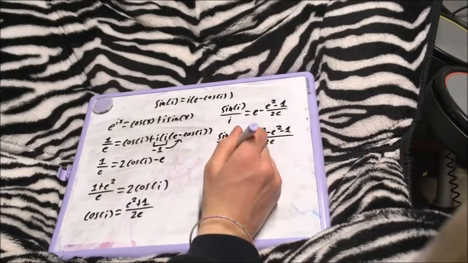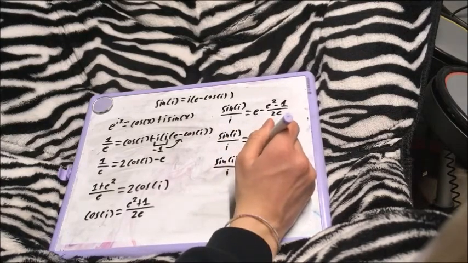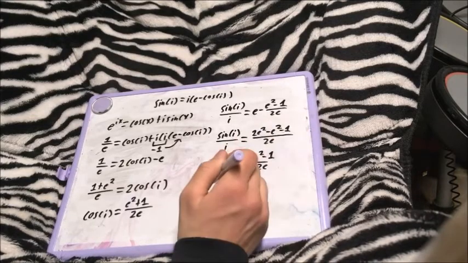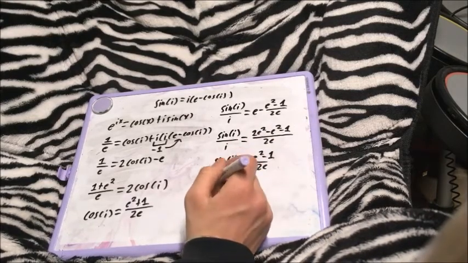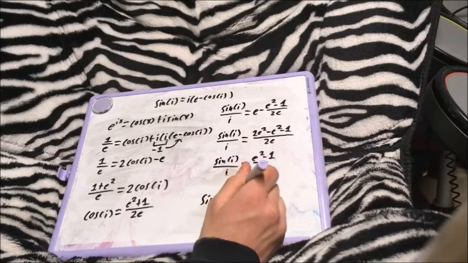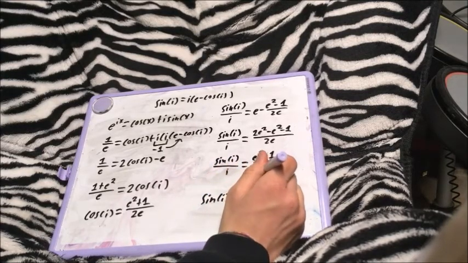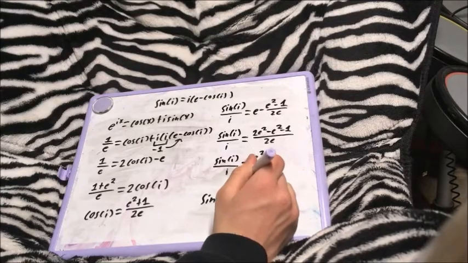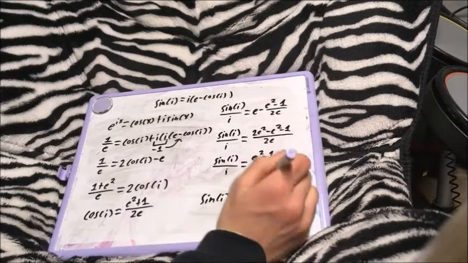Simplify this down to sine of i over i equals e squared minus 1 over 2e, and bring this i back around to find that sine of i equals e squared minus 1 over 2e times i.